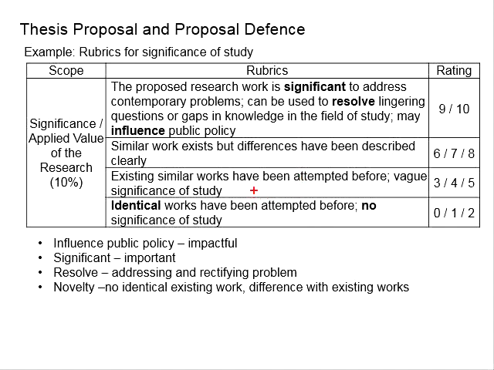Further up, existing similar works have been attempted before, vague significance of study. That means you have identified the works that have been attempted, but we don't see the significance of your study, and those works may or may not be relevant to you. You only identify the respective works.